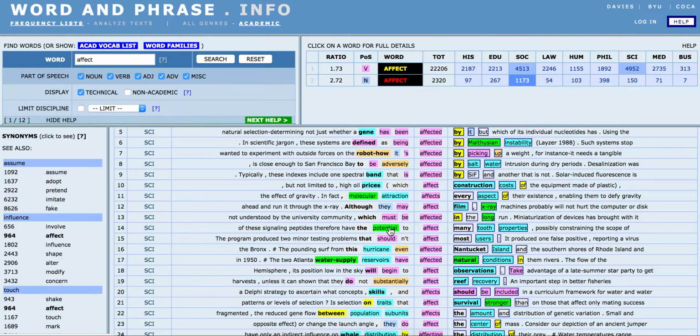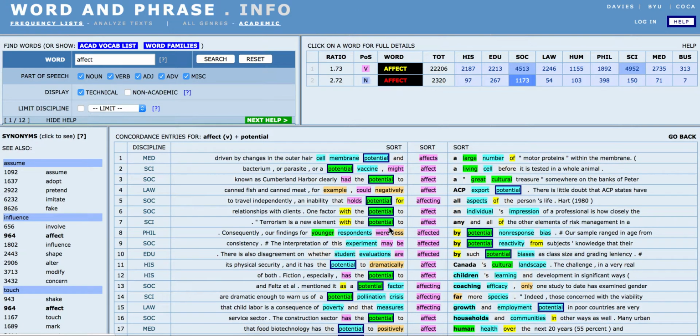And what will come up is some sample sentences with potential, as you have probably guessed. Now, I've got a rather slow connection at the moment. There we go. And again here, we can go ahead and look for different patterns.